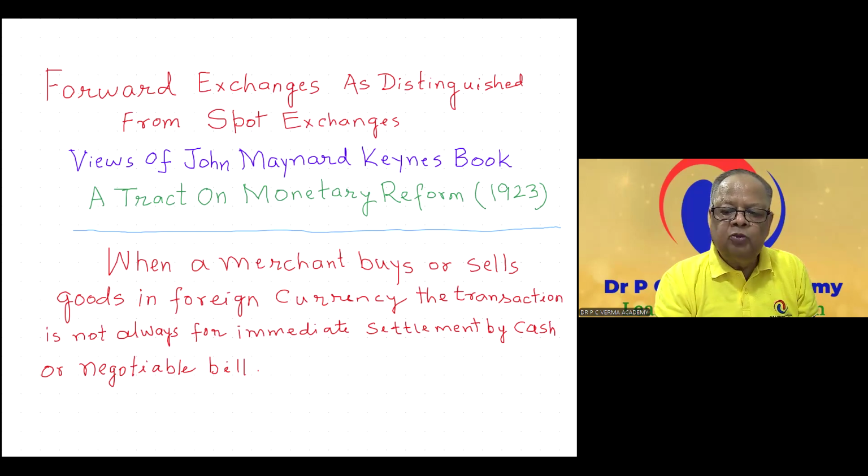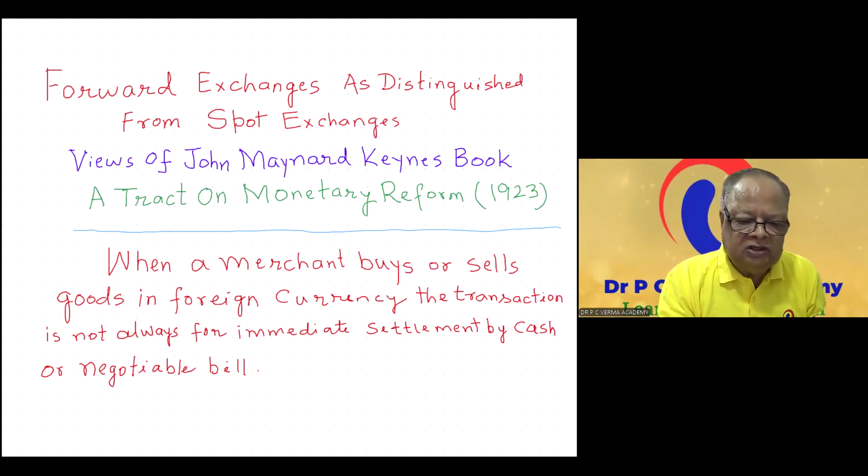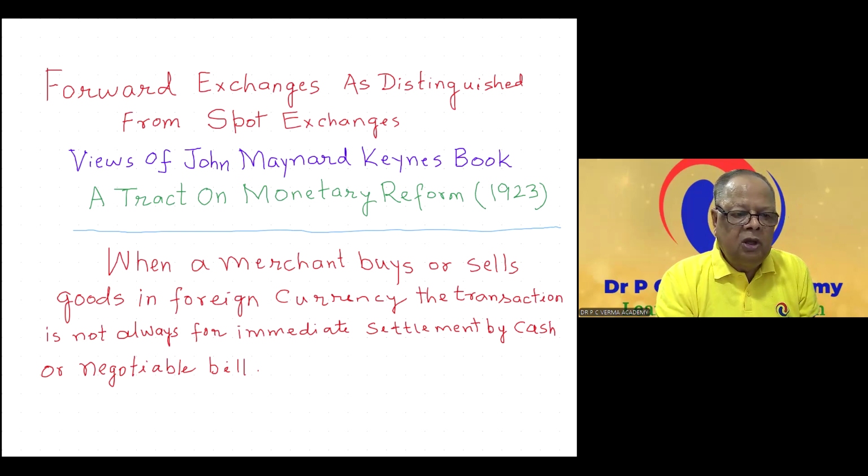In those periods, there may be a change in the foreign exchange rate or in the price of the commodity which you are going to buy in the foreign market. So the question arises whether he will pay immediately, then it is a spot exchange. But if he will pay in future but contract in the present, then it is known as forward exchange.